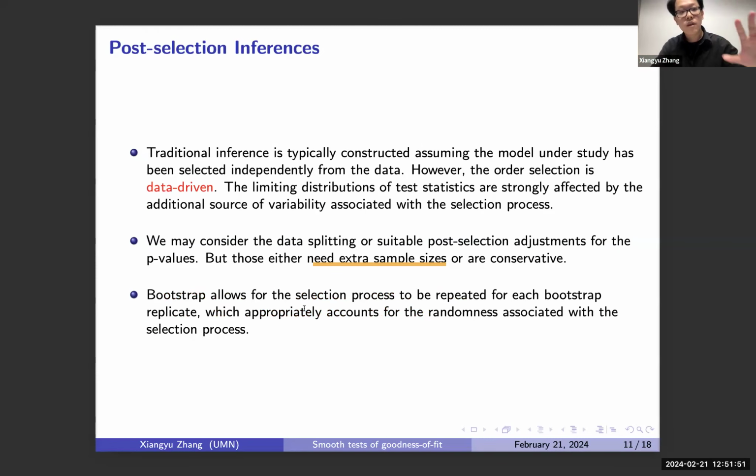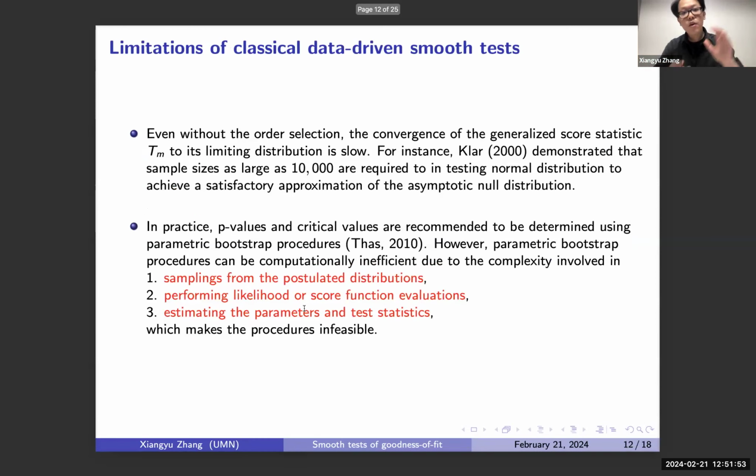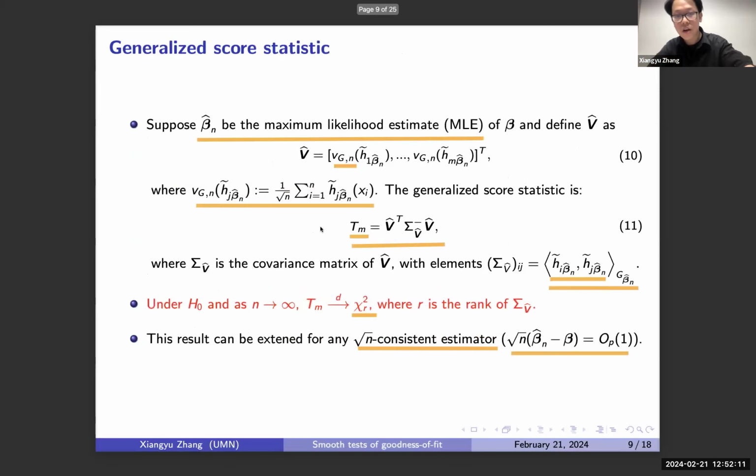This is how we solve the post-selection inference problems. And even if we do not select the order m, if someone gives us an m, our generalized score statistic Tm, which we introduced here, already has some problems, because the result we proved is as n goes to infinity, we have a limiting distribution, right?